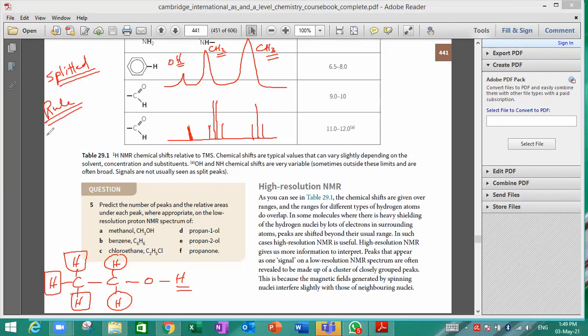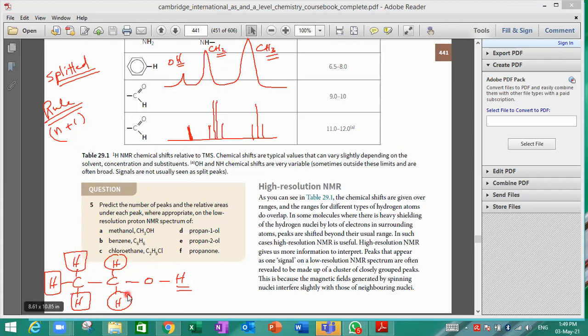And the peaks are going to be split by the n+1 rule. It means that here, these two hydrogens are adjacent to three, they are affected by these three. And so the peak of these two hydrogens will be split into four. Why four? Because here we have three hydrogen atoms, so 3 + 1 makes four peaks. So this peak is going to be split into four because it lies next to a carbon that is bonded to three hydrogen atoms.